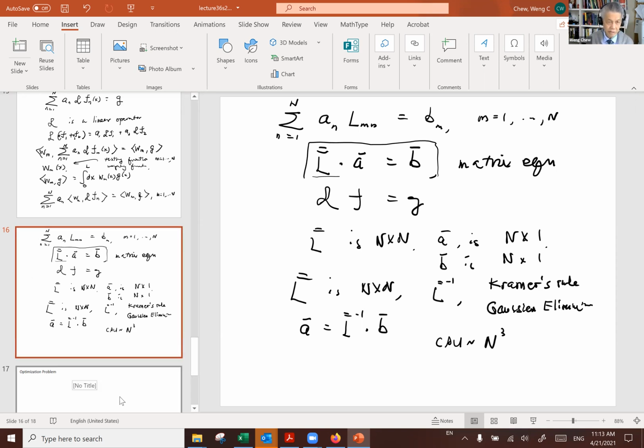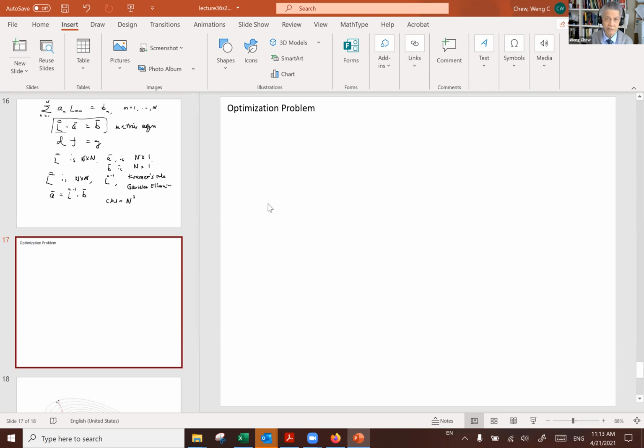Instead, we want to cast finding the solution of this problem into an optimization problem. And you will find that by converting this equation, L dot F equal to G, into an optimization problem, the cost is a lot less. So in order to cast this into an optimization problem, we have to define a cost function.